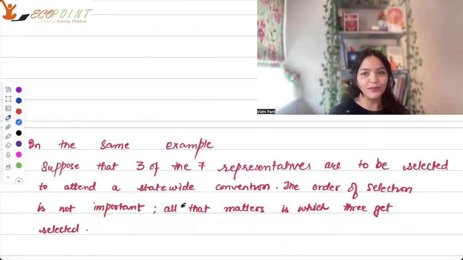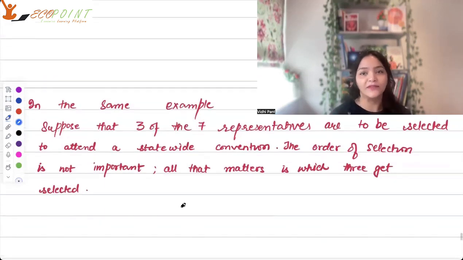Now do you think the order will matter? सी प्रेसिडेंट वाइस प्रेसिडेंट सेक्रेटरी के लिए तो ऑर्डर मैटर करता है, राइट? ए बना है, ए क्या बना है, बी क्या बना है, जी क्या बना है. बट नाउ आई जस्ट हैव टू सेंड देम टू सम फंक्शन, some convention. It doesn't matter who goes, in which order. It matters who goes, but it doesn't matter in which order you're selecting. So this time order of selection is really not important.